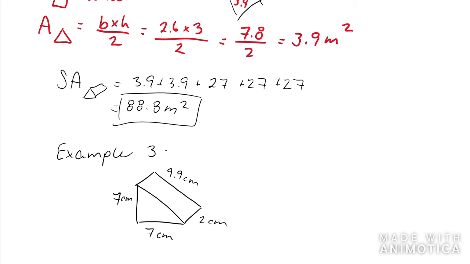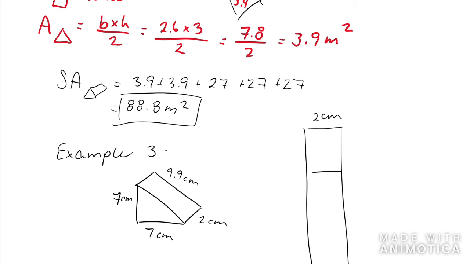Well, the first thing we do again is we draw our net. So we're going to have 3 rectangles, but they're not necessarily all going to be the same size. They're relatively skinny because this width is only 2 centimeters wide, because that is the width from the front to the back.